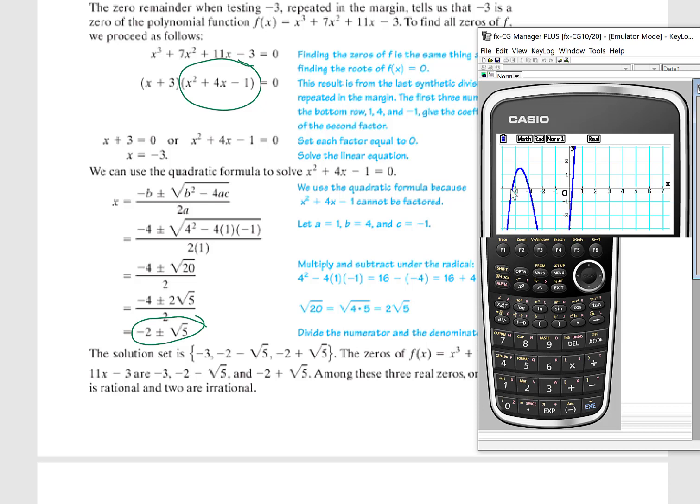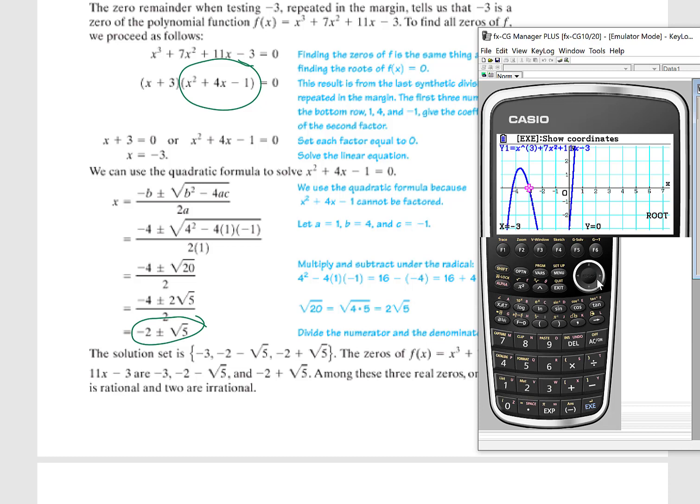So look at this, right? Notice what happens when I do G-solve. So that -4.2360679, that is clearly an irrational number. I cannot express that as a fraction. So that is one of the answers that I had to find through the quadratic formula. There's my rational root, -3.